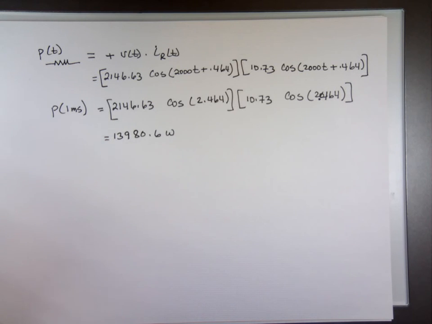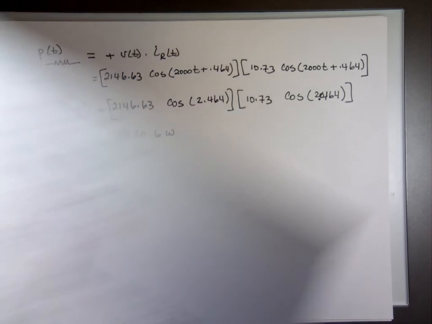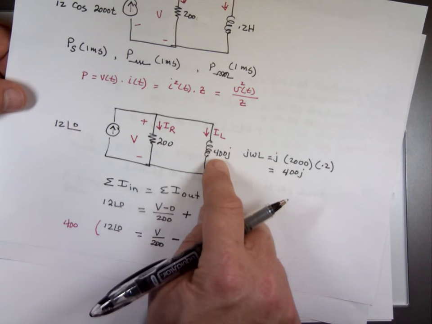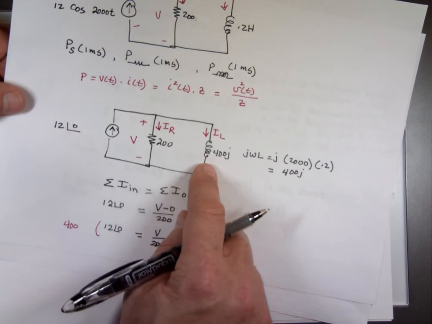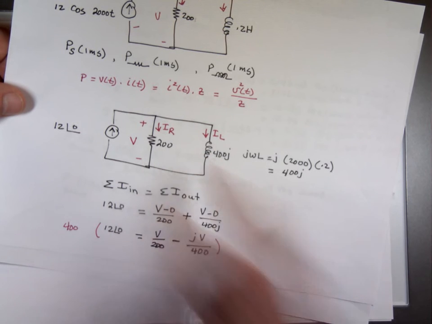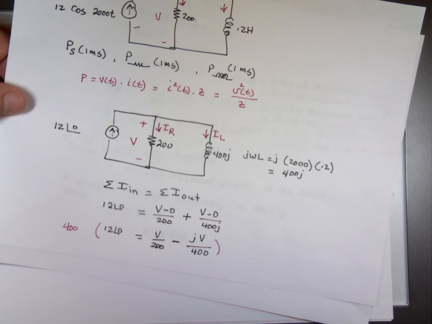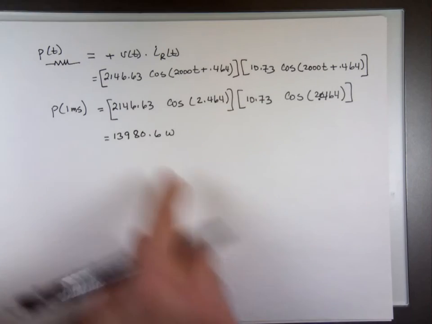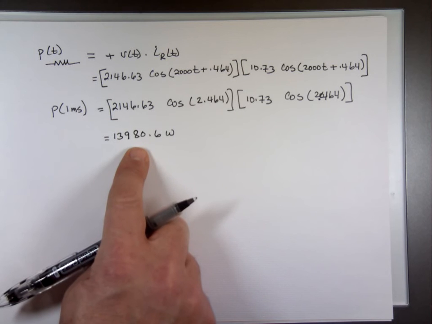Assume steady state condition exists. What does that mean? That means that inductor is fully charged. When that inductor is fully charged, it's going to react as a source. And what's going to happen now, the inductor is actually going to supply power, not absorb power. That's what's going to happen. Otherwise, you'd be short. The source is supplying that much, and the resistor is taking that much. Somebody else is supplying the power.